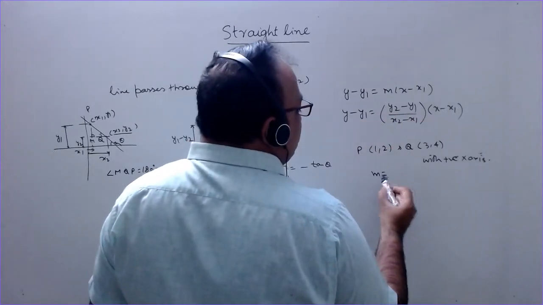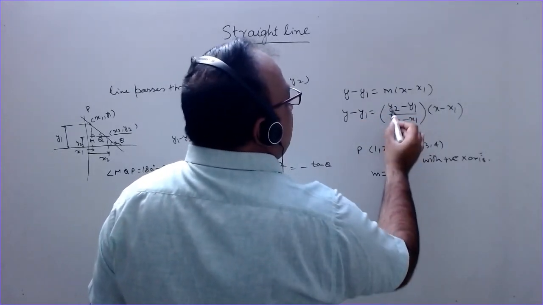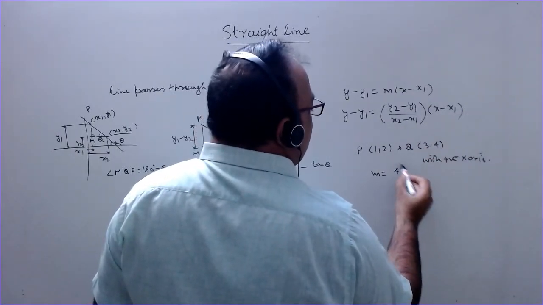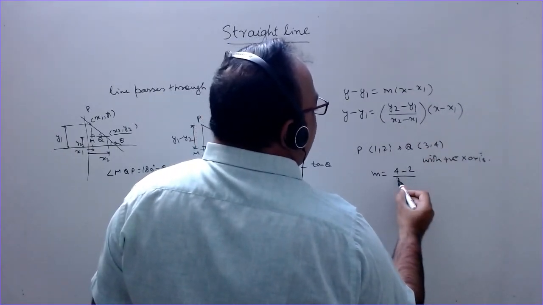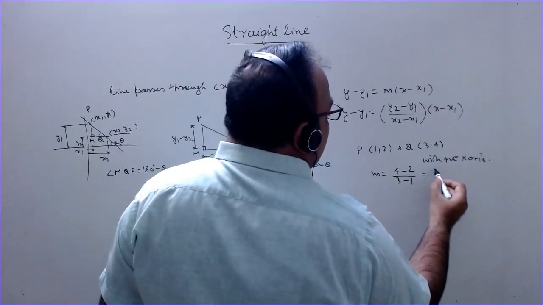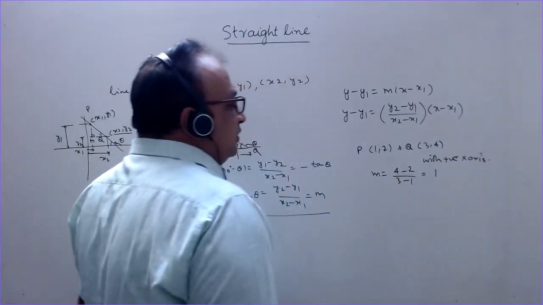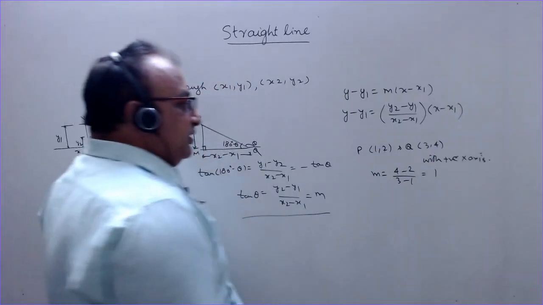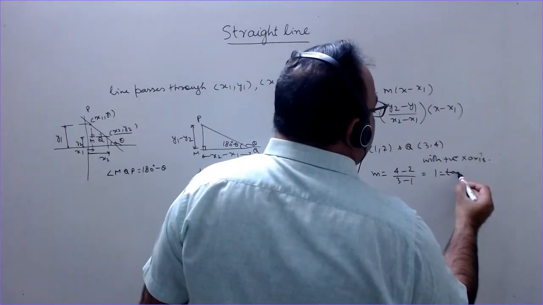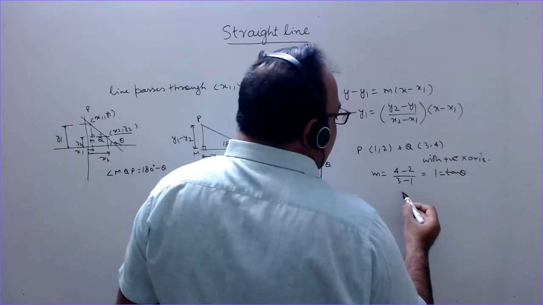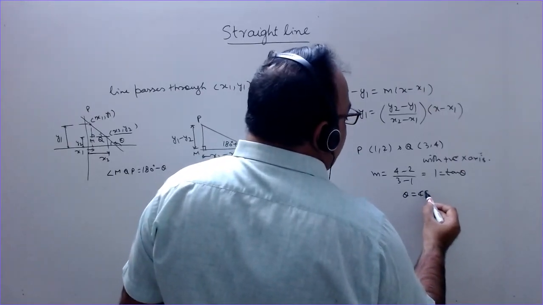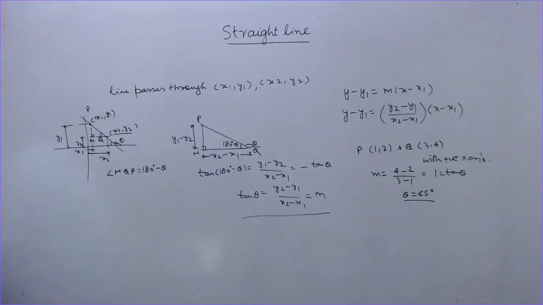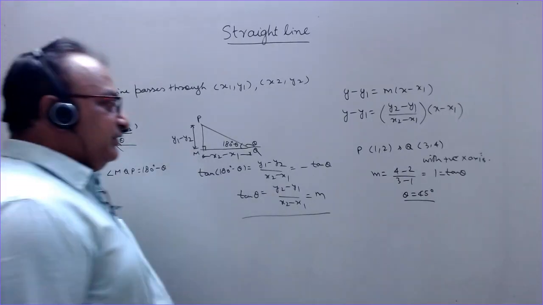What is the slope of this line? This is the slope, y2 minus y1 upon x2 minus x1. So y2 is 4 minus y1 is 2 upon x2 minus x1, this is equal to 1. So the line is making an angle theta, tan theta. Tan 45 is 1, so theta is 45. So line is making an angle of 45 degree with the positive direction of x-axis.